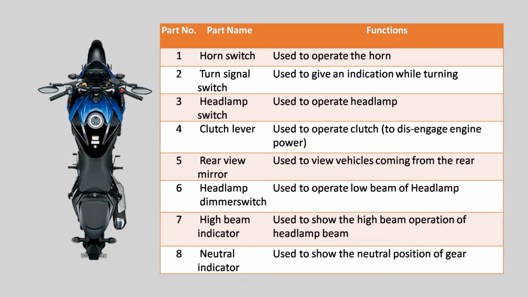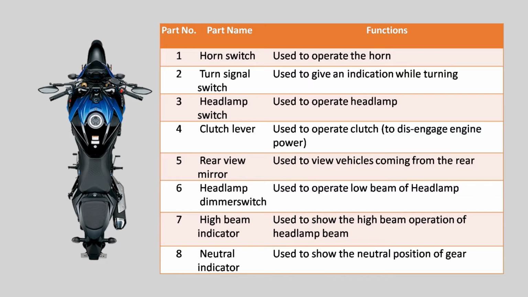High beam indicator. Sometimes we use the high beam so that we can see easily the person who is coming. Then neutral indicator. It shows your motorcycle is in the neutral position of the gear.